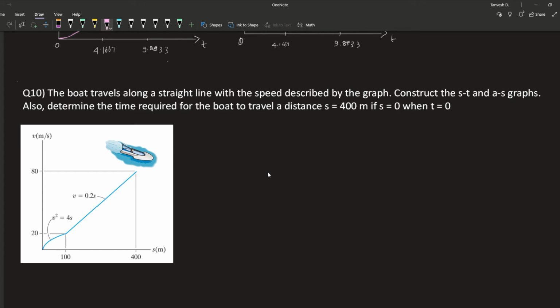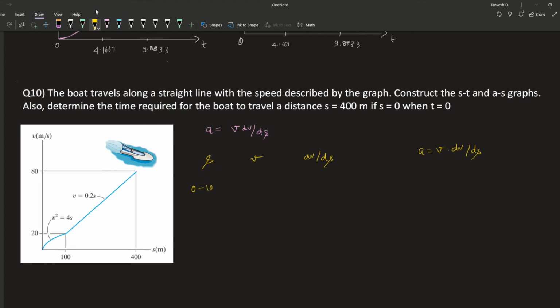So first of all, we can construct the AS graph as we know the formula A is equal to V into dV by ds, and since our velocity is a function of displacement, we can always use this formula. So I'll form the tables here: S, V, dV by ds, and A is equal to V dV by ds.